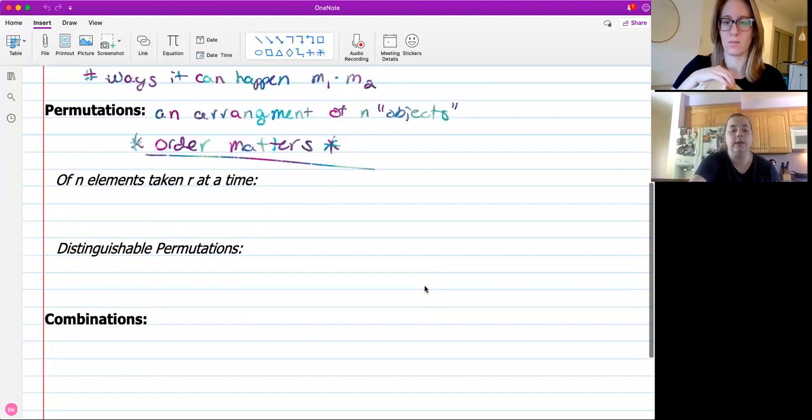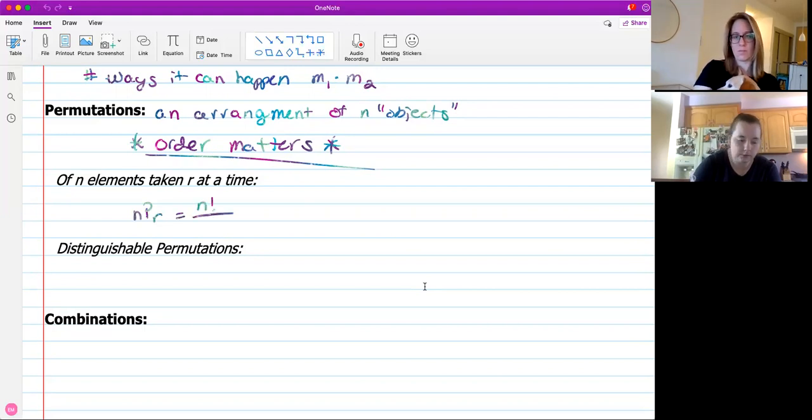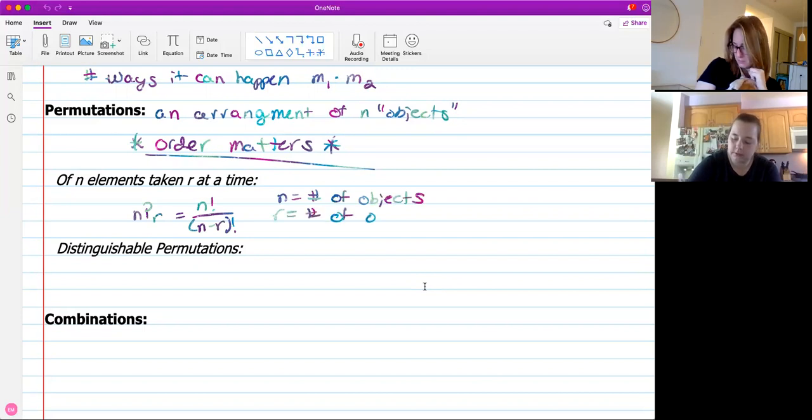Okay, so then we also had a couple different ways to do permutations. We had permutations of n elements taken r at a time, and your formula for this one is nPr. It looks very similar to your combination formula, except you don't have the r factorial on the bottom by itself. Remember that n is the number of objects that you have, and r is the number of objects taken out.